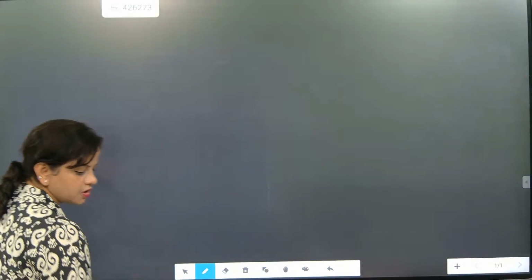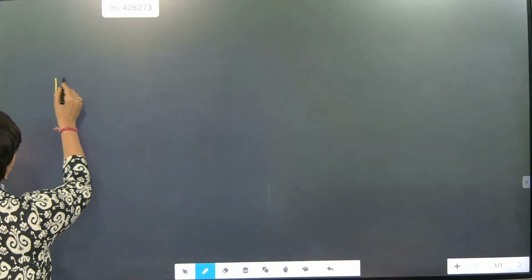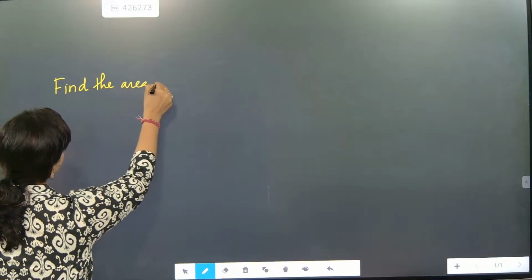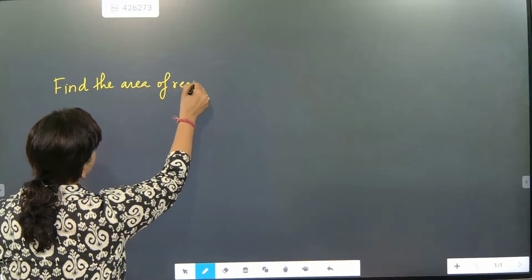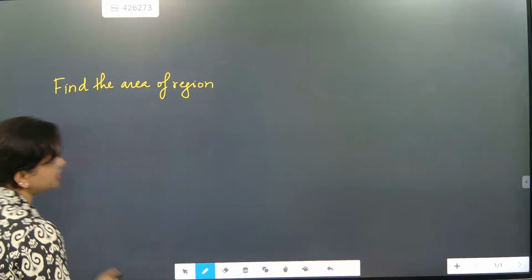Using integration, find the area of the region. Everyone start solving.